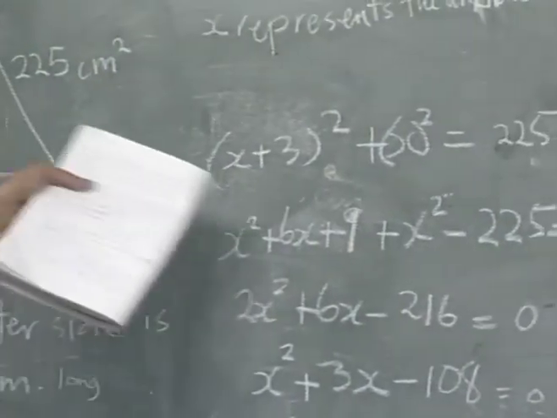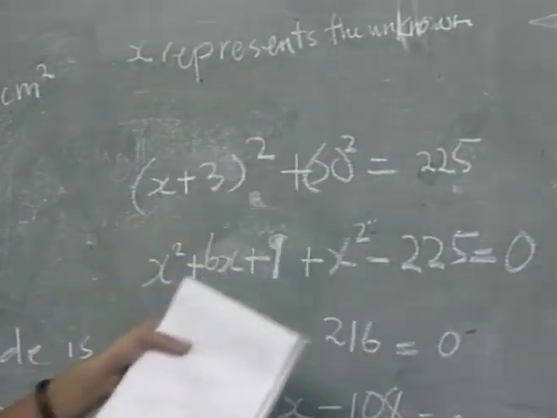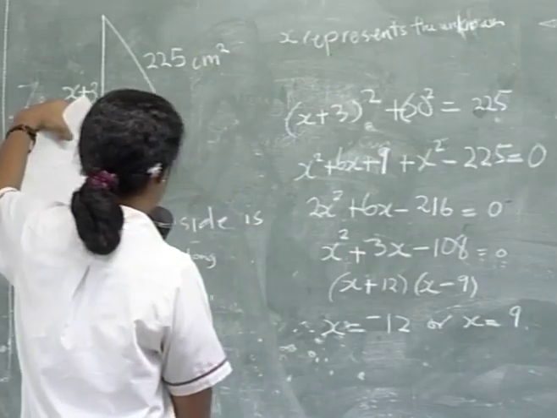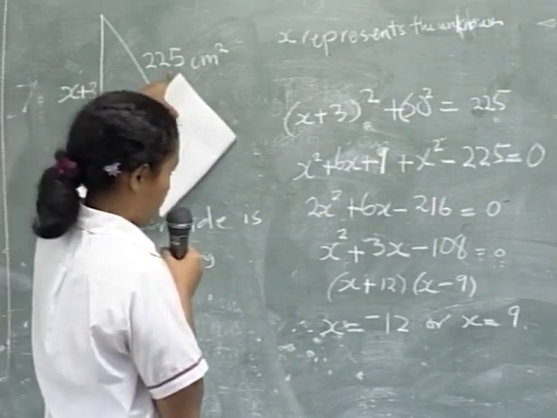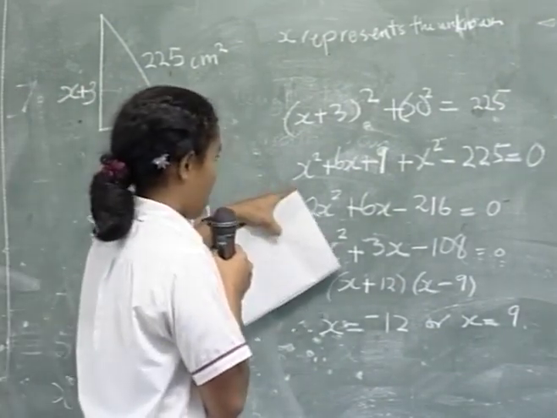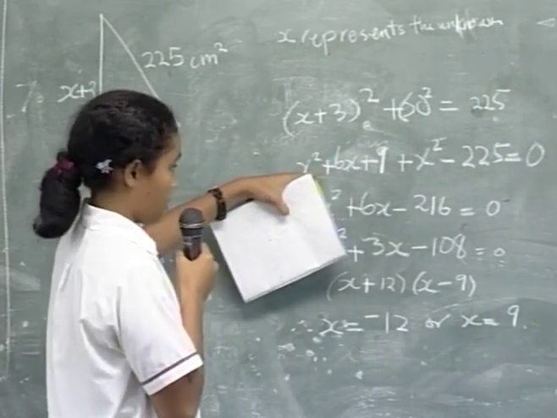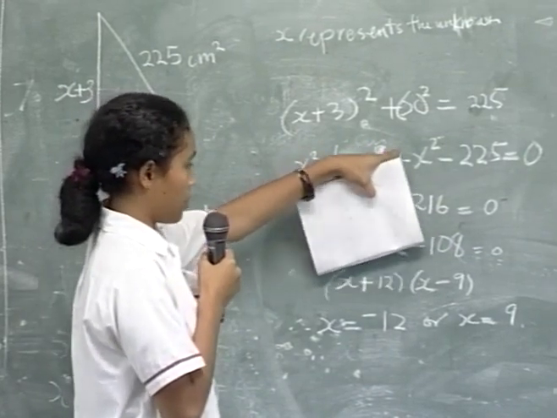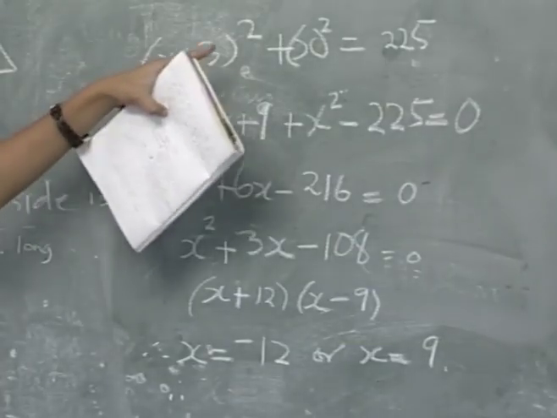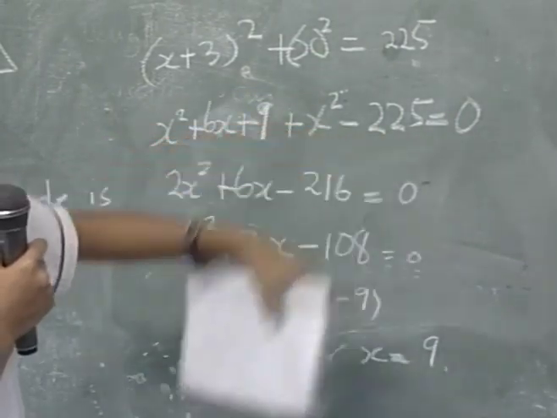So I got x plus 3 squared plus x squared, because the square of this and the square of this will give me the square of that. And then I simplified it, so I got x squared plus 6x plus 9. That's the simplified form for x plus 3 squared plus x squared minus 225.